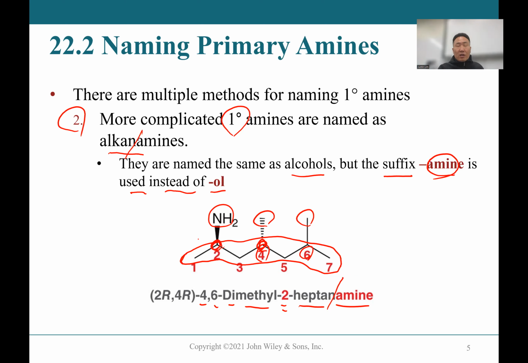So you have to check atomic number. First priority is nitrogen, second one this carbon, third one this one. So 1, 2, 3. Here, first priority, this carbon second priority, this one third.